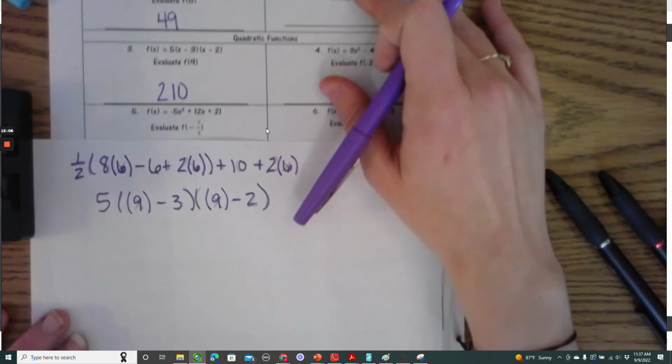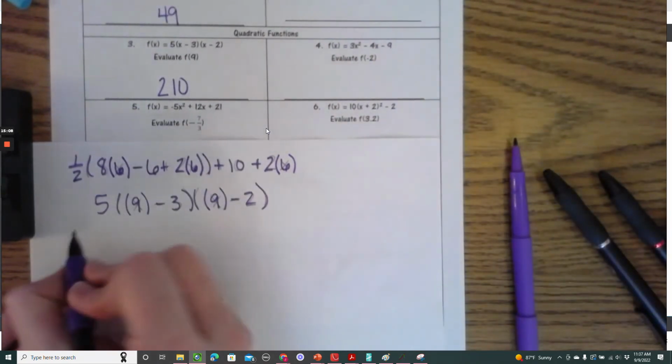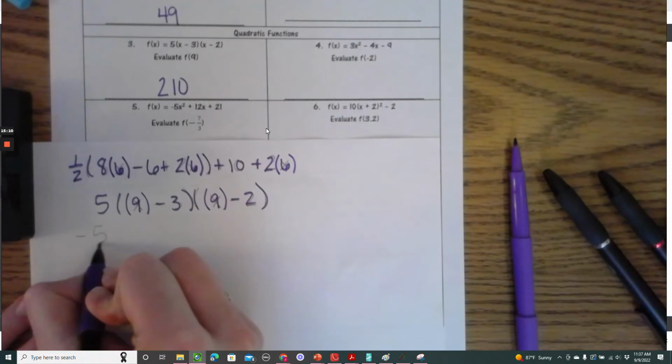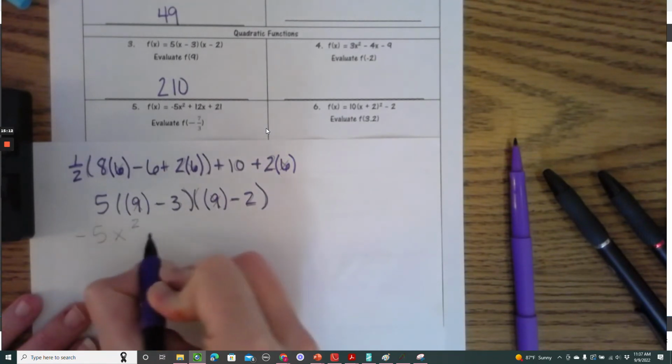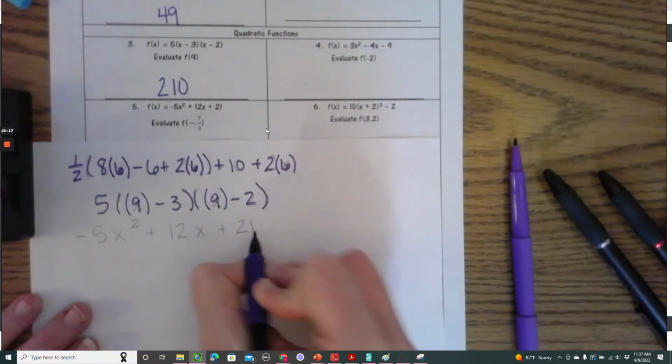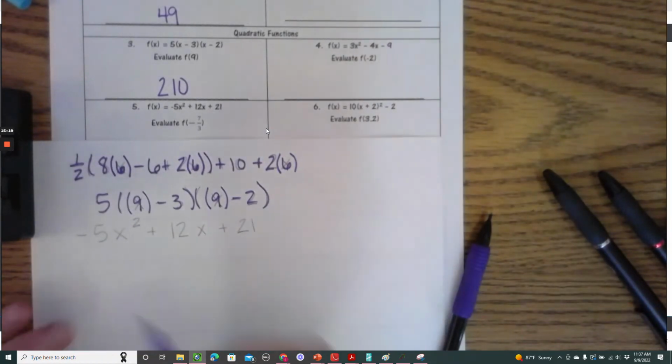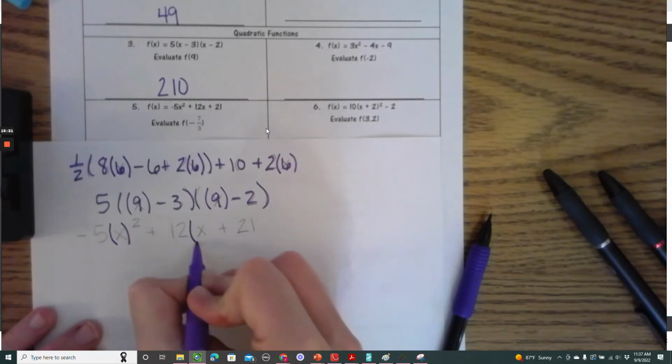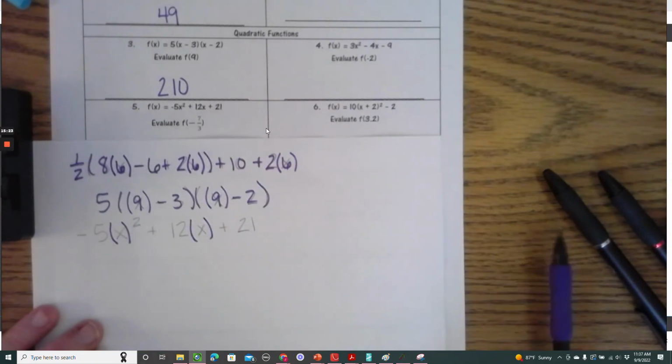All right, number 5. So with negative signs, everything stays outside of those parentheses, those special parentheses that the x gets. Exponents, negatives, everything stays outside of those parentheses.